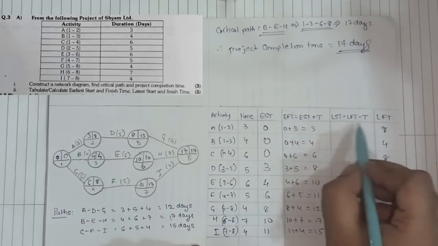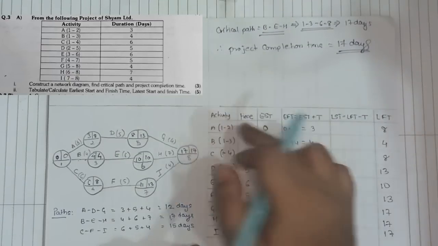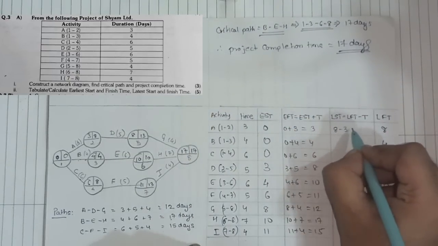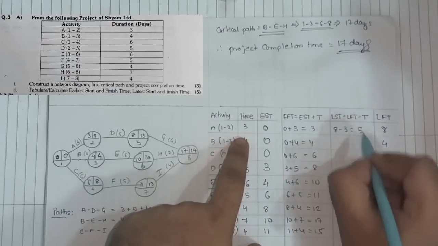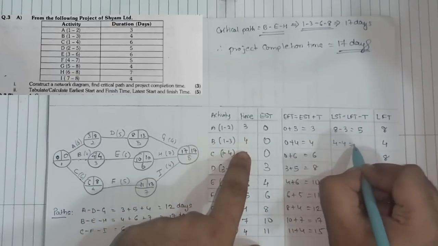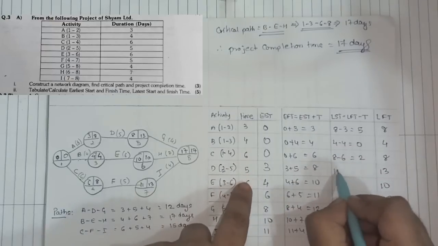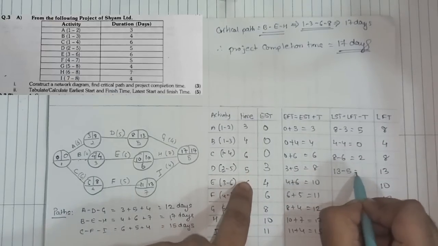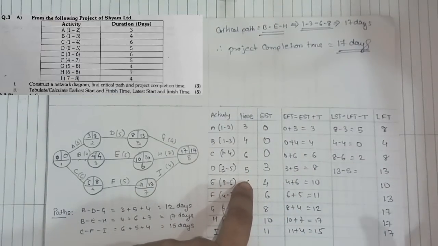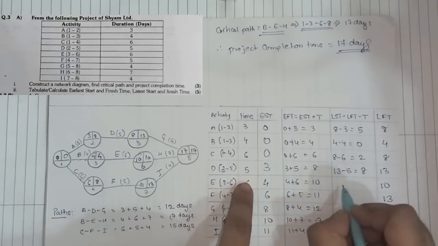LST is LFT minus time. So 8 minus 3 is 5. Next 4 minus 4, 0. 8 minus 6, 2. 13 minus 5 is 8.